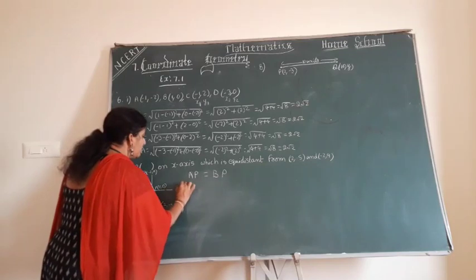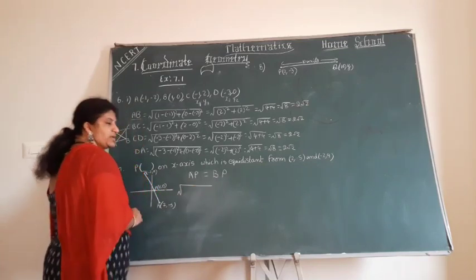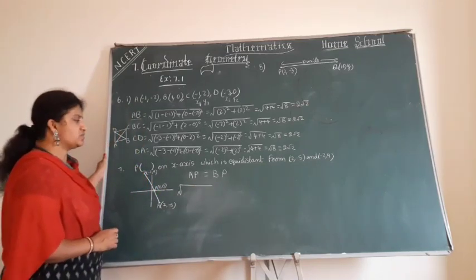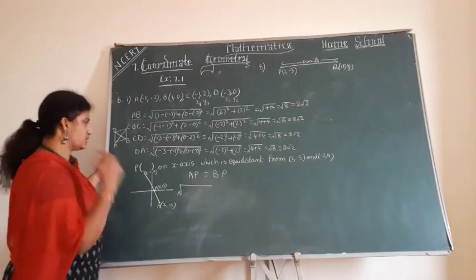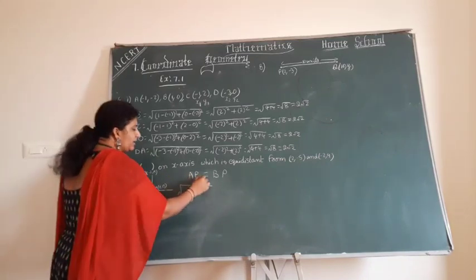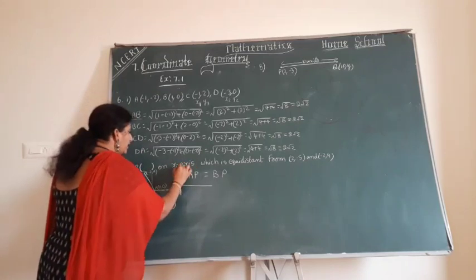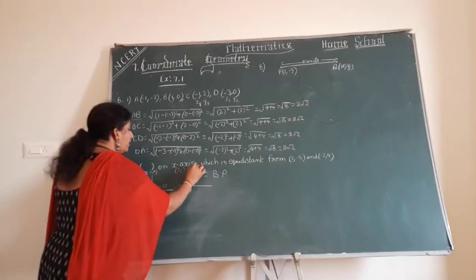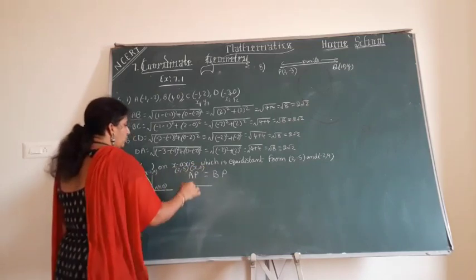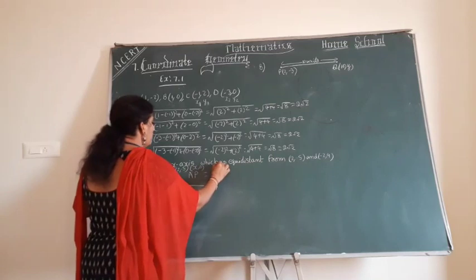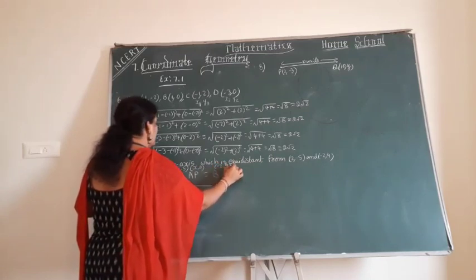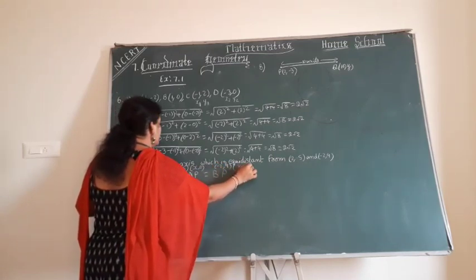What is the distance formula? Square root of x2 minus x1 whole square plus y2 minus y1 whole square. So directly we can't write this, so roughly write here. What is your A coordinate? 2 comma minus 5. What is your P coordinate? x comma 0. And again here minus 2 comma 9 and x comma 0.